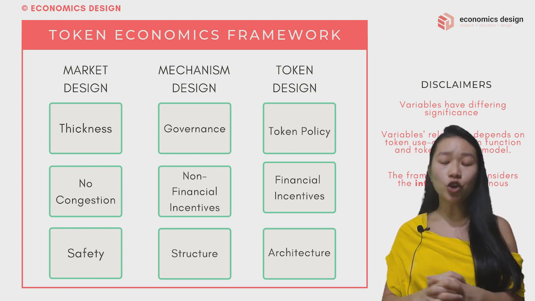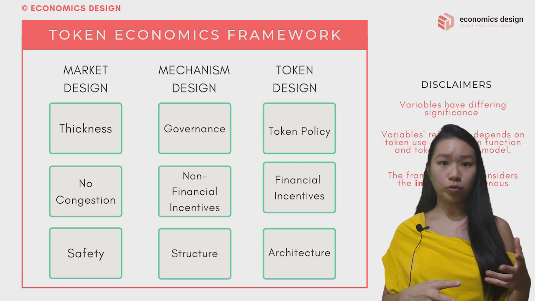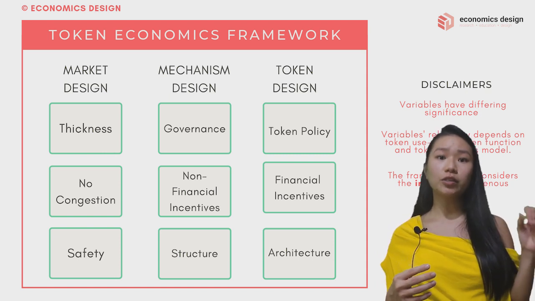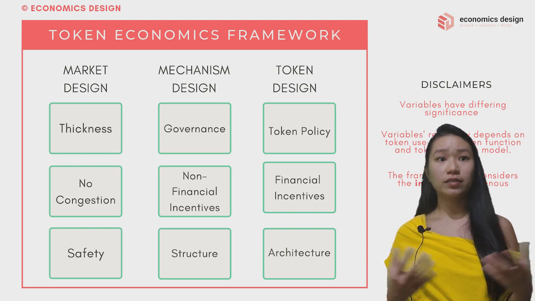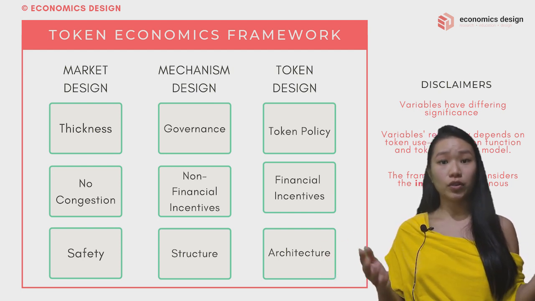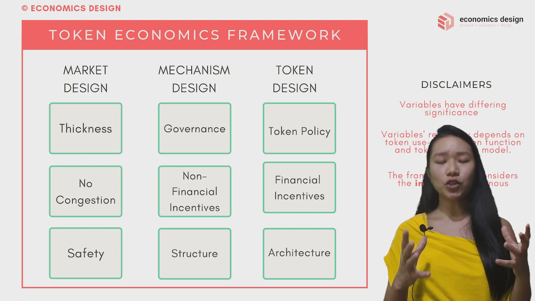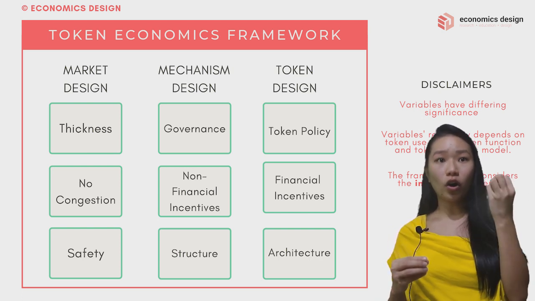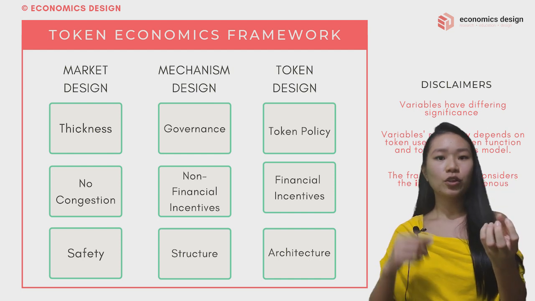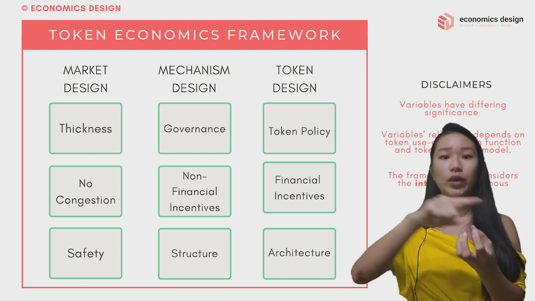And then pillar 3 is token design. Token design is optional, as I mentioned, because some ecosystems just don't require tokens. For example, some private blockchains don't require tokens, so you don't have to care about tokens. But tokens essentially are the incentive mechanism, or the incentive itself, to allow for coordination within your ecosystem.